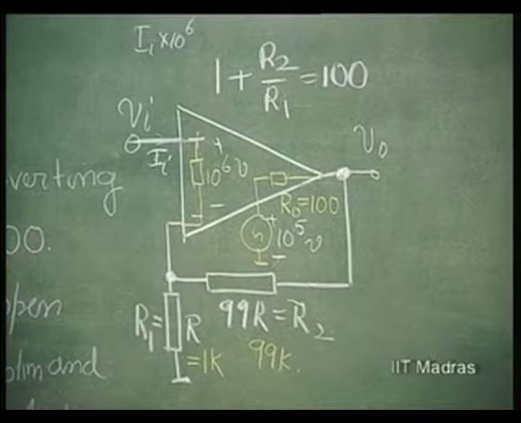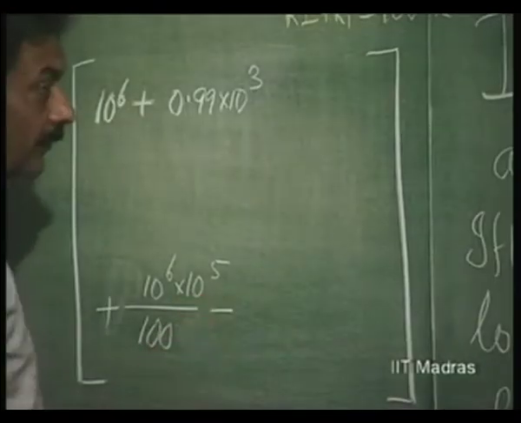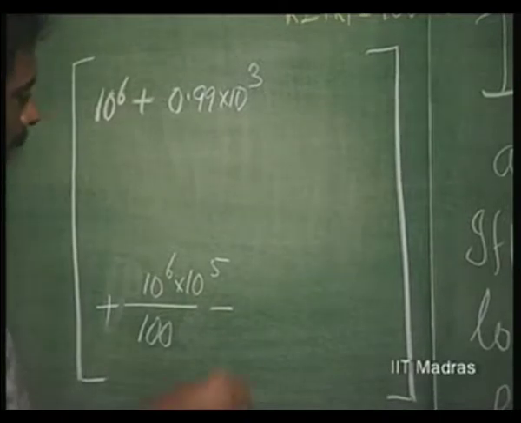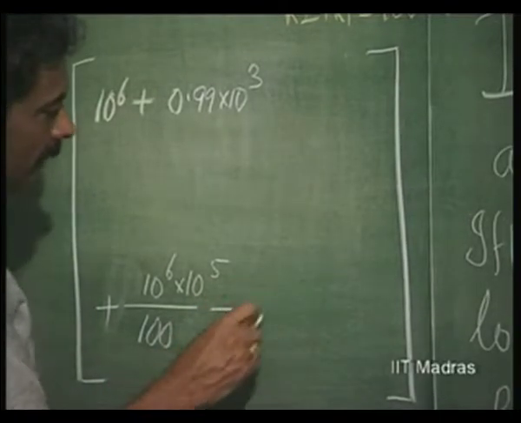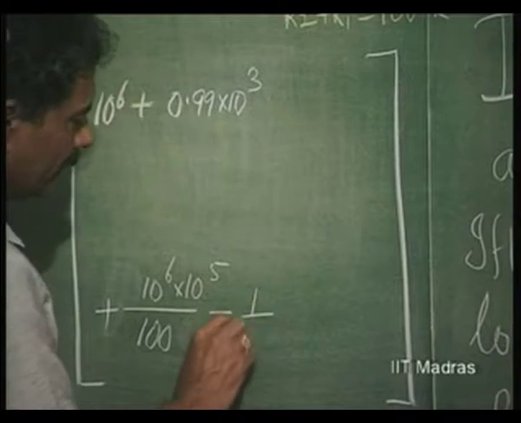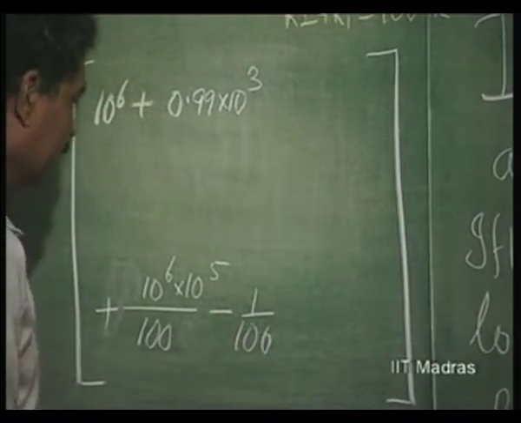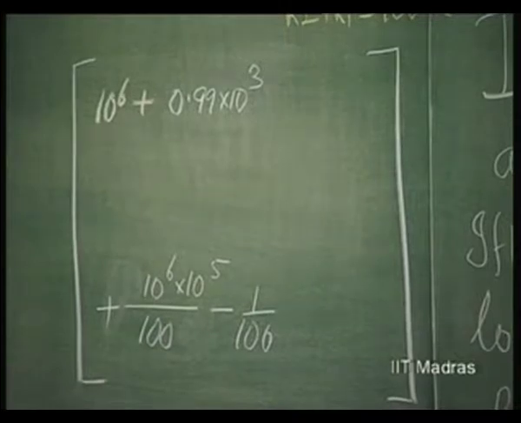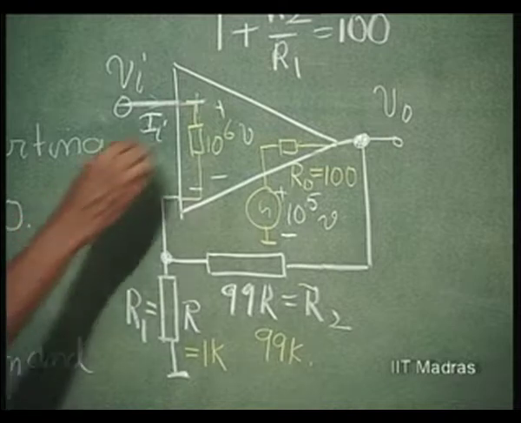So minus 1K by 1K plus 99K, 1 by 100 of this. So this is going to be a negligible factor. Just let us test it out here again.